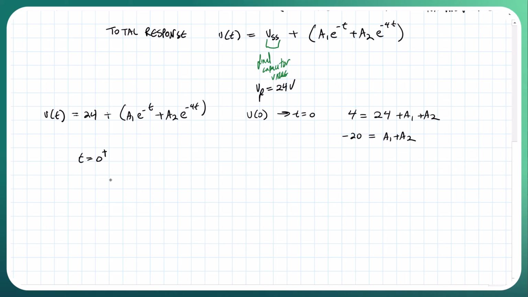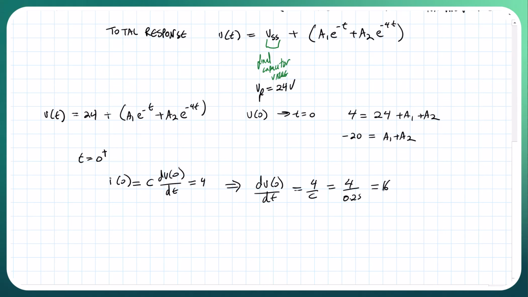So we can say I of 0 is equal to C dV(0)/dt, which is 4, and then we can rewrite this and say dV(0)/dt is equal to 4 over C, and our capacitance value is 0.25. That's going to give us 16.